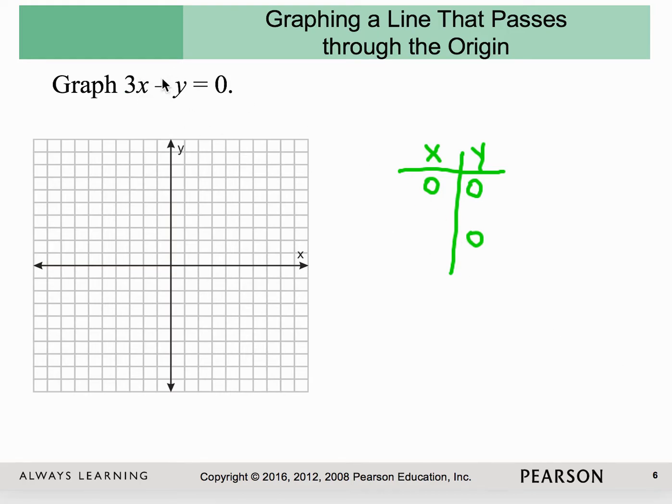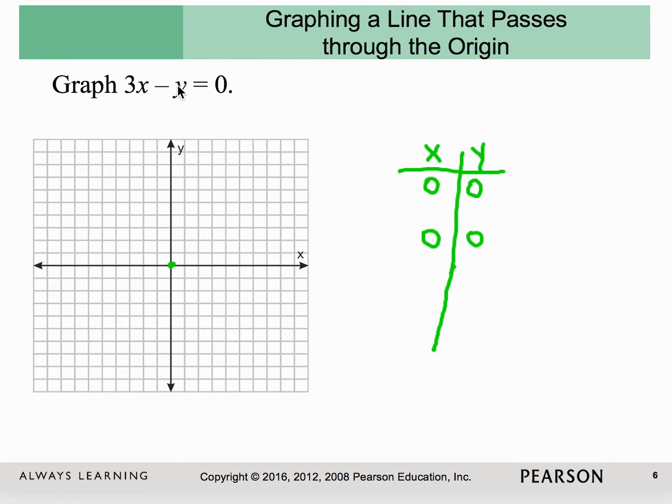If y is 0, 3 times 0 is 0. I didn't get two different points. I know that 0, 0's on there, but I have to have 2 points. That's okay if it goes through the origin and your x-intercept and y-intercept are the same value.